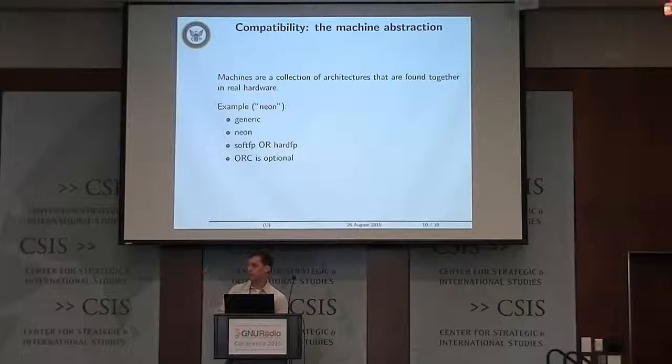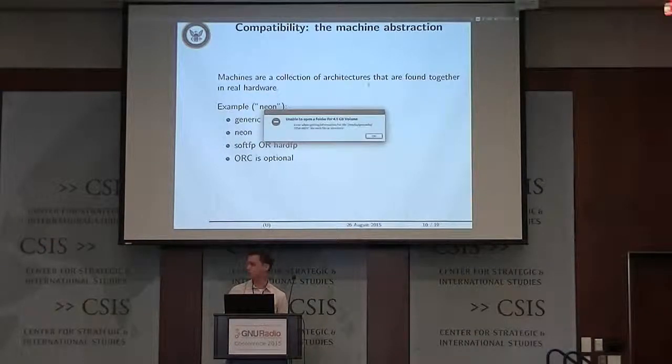Some examples are Neon and generic. Generic is just plain, ordinary C code that will hopefully compile with any compiler. And then Orc is an optional one, anytime Orc is available, it's always optional.